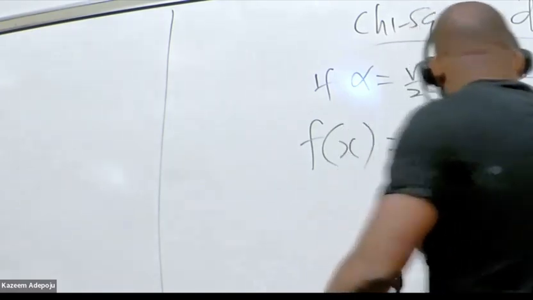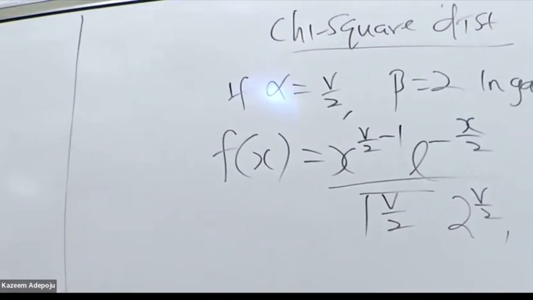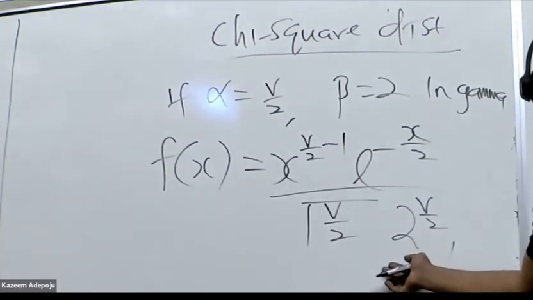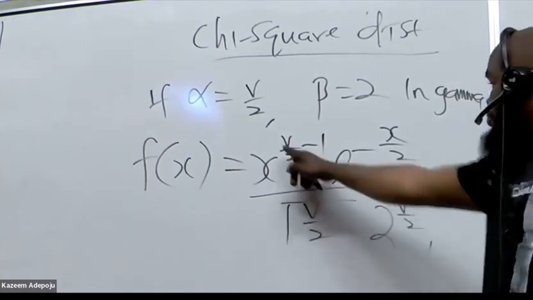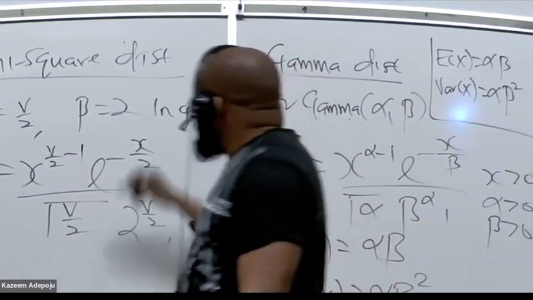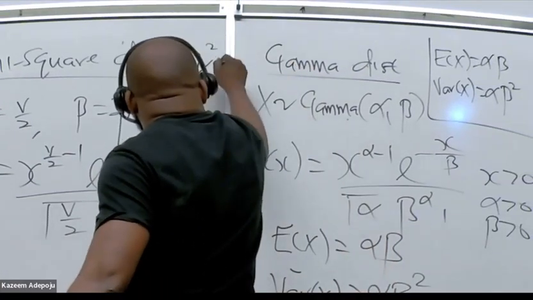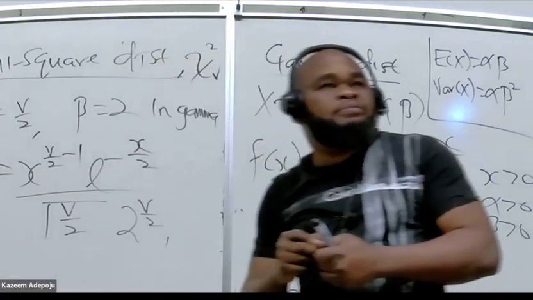So this is the chi-square distribution. The degree of freedom is going to be V. So it's like you are having this with V degrees of freedom.